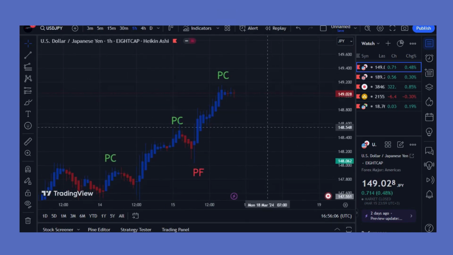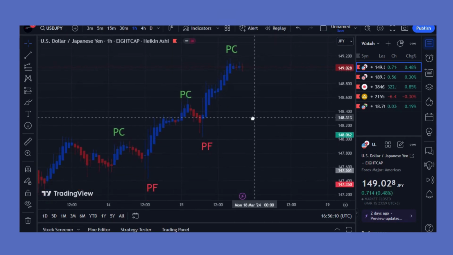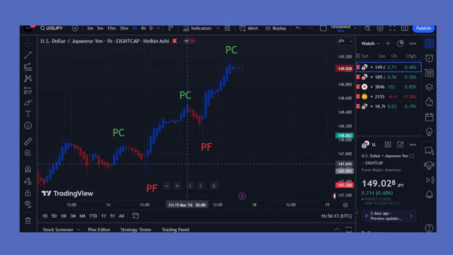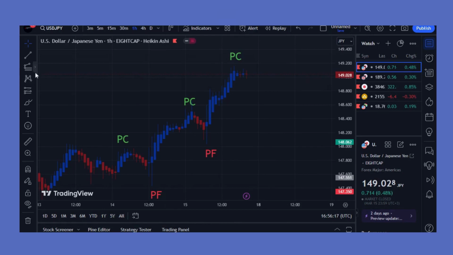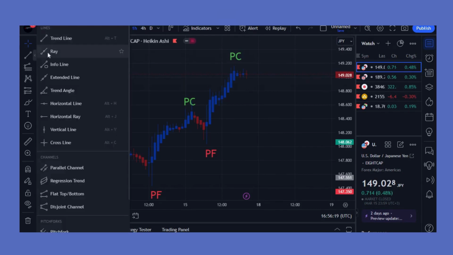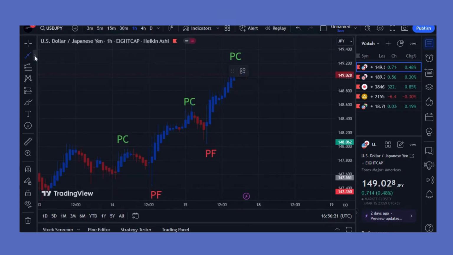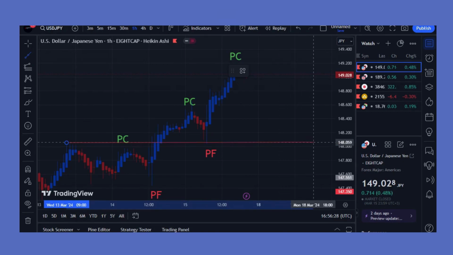So next thing that we need to focus on is to find our price cluster. So where is our price cluster? You can see the price cluster somewhere here.